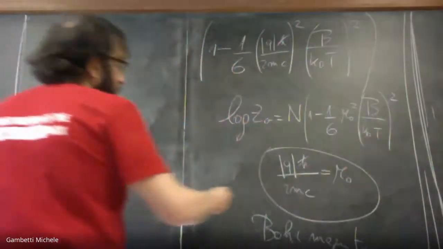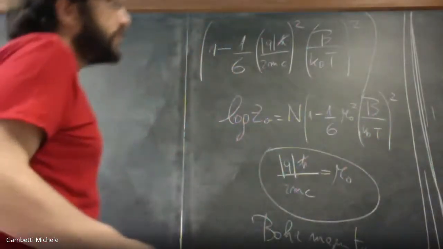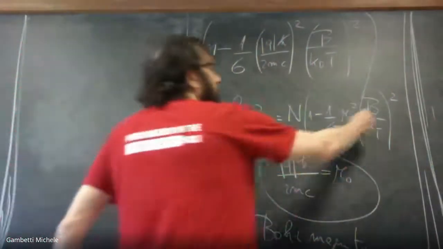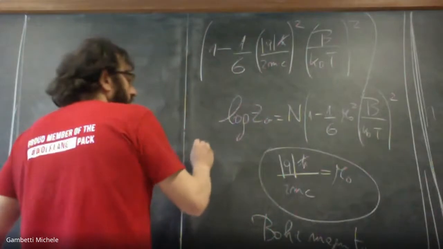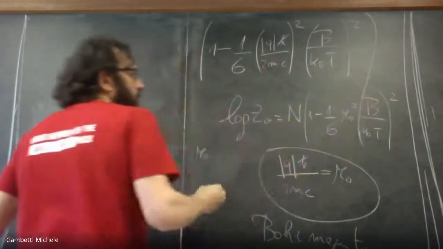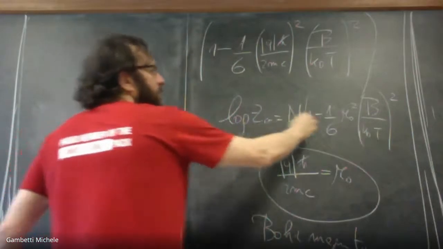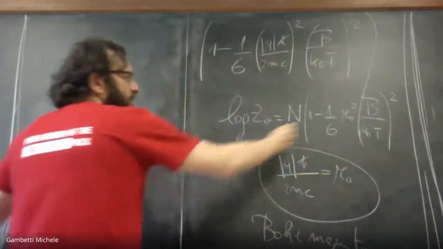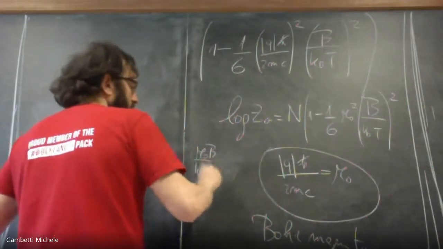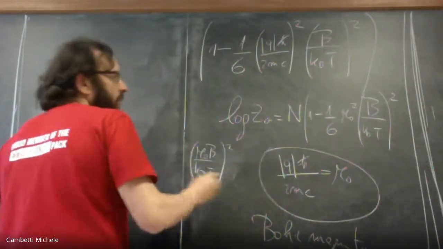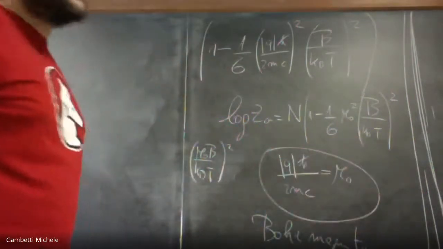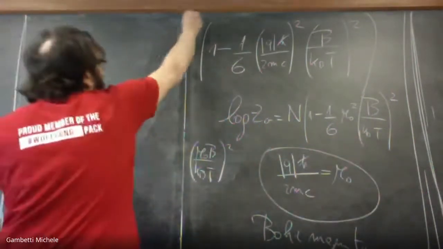When talking about something small or large, one has to compare with another quantity. So in this case, what we are saying is that the correction to the classical case, the case in which there's no magnetic field, is a (μ₀B/k_B T) correction squared. If you have done the calculation correctly, this quantity must have the dimension of a magnetic field.